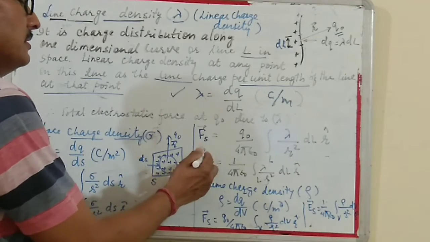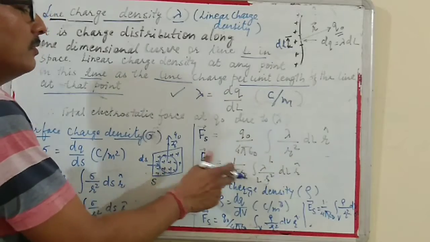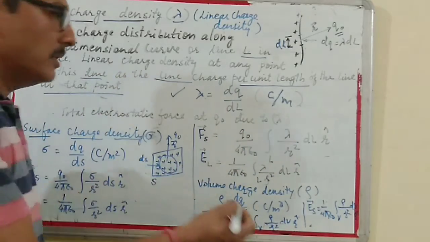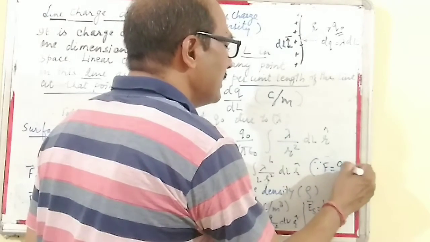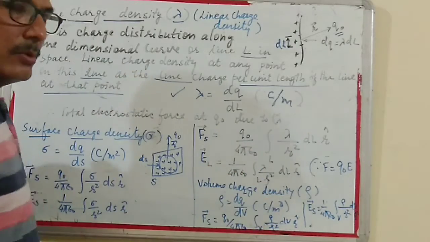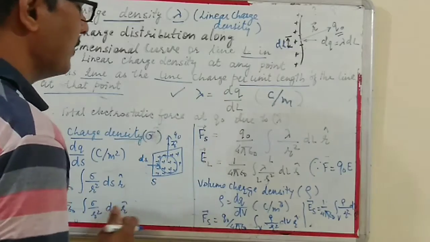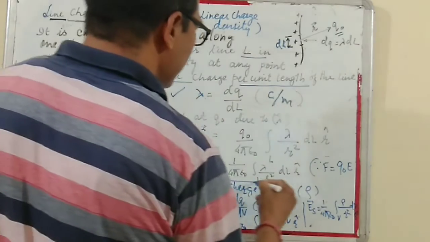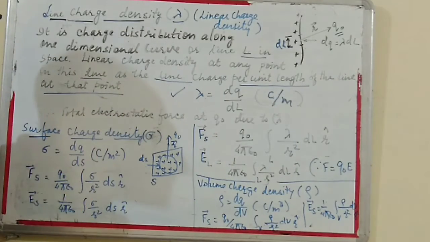The electric field intensity at that point is 1 by 4 pi epsilon naught lambda by r square dl r cap, because the q naught term cancels out: F equals q naught E, so E equals F by q naught. This is the simple linear charge density.